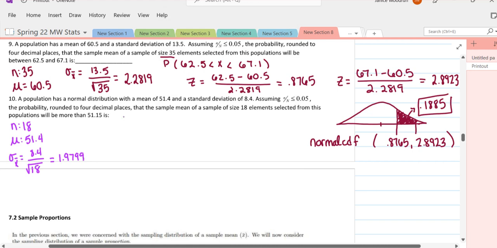And then we're finding the probability that x bar is greater than 51.15. So we'll find the z-score associated with that. 51.15 minus 51.4 over this 1.9799.